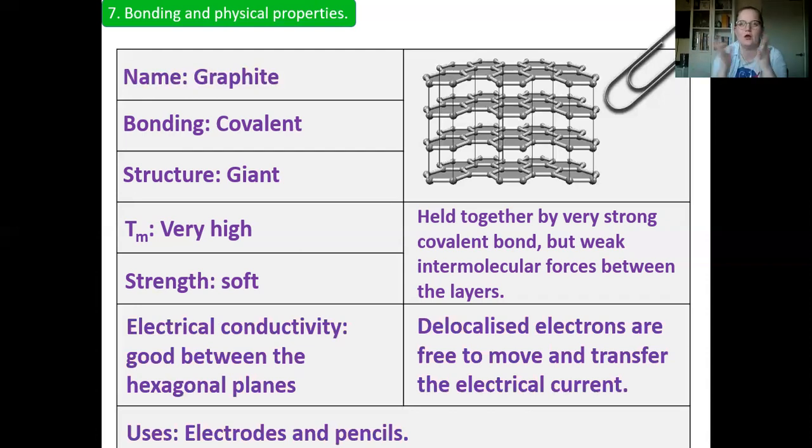So unlike diamond, where each carbon has 4 covalent bonds and there are no delocalized electrons, in graphite we only have 3 covalent bonds. So we have this delocalized electron, and the delocalized electrons are able to travel between the hexagonal sheets. We often use graphite for electrodes and pencils.